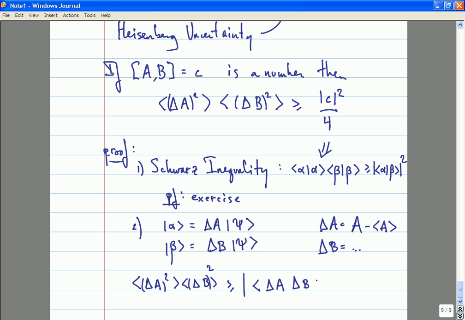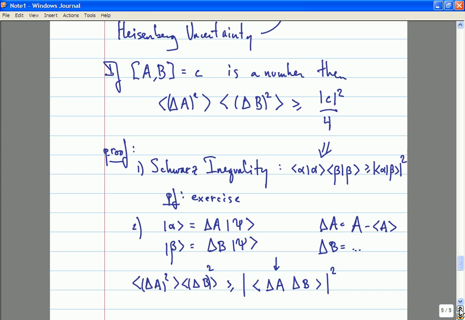Just writing down that formula for this choice of states. And I'm also using the fact that A is Hermitian, okay? Because technically speaking, that should be delta A dagger here rather than delta A. And so I'm using the fact that A is Hermitian, and because the expectation value of A is real, then the difference between A and its expectation value is also Hermitian. So that delta A is Hermitian, so I can forget about that Hermitian conjugate.